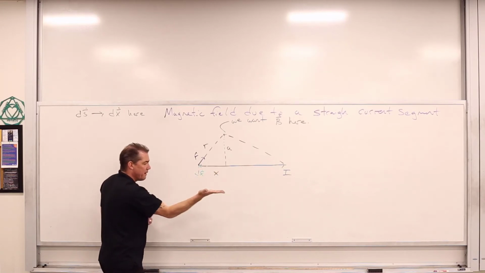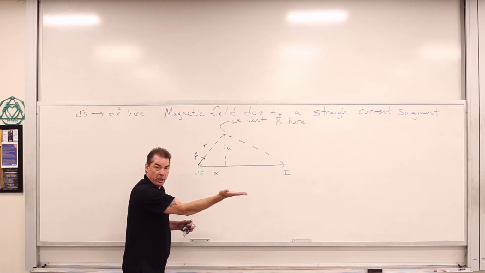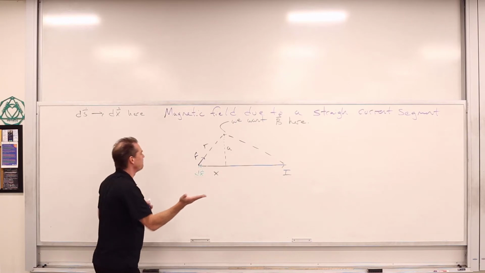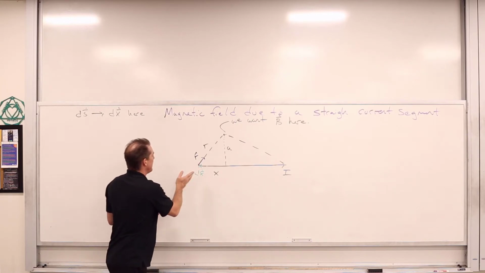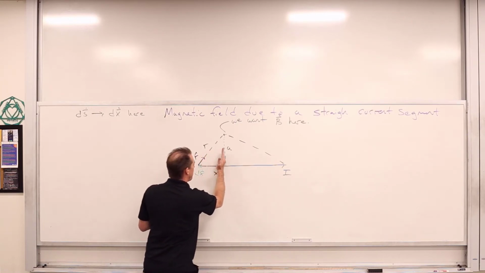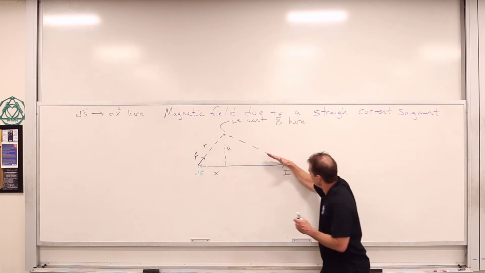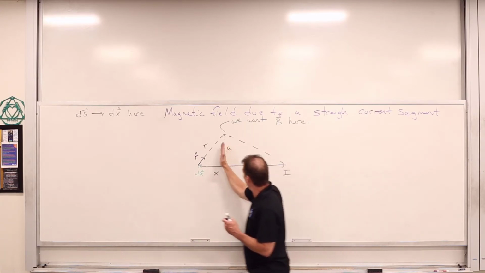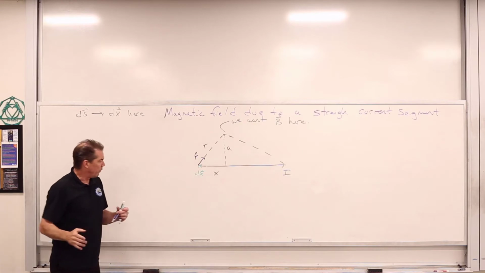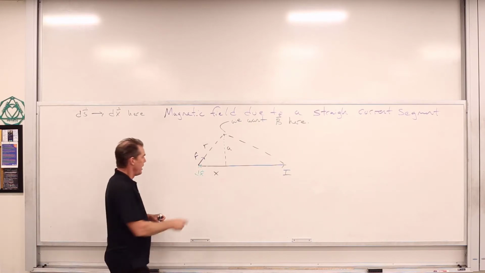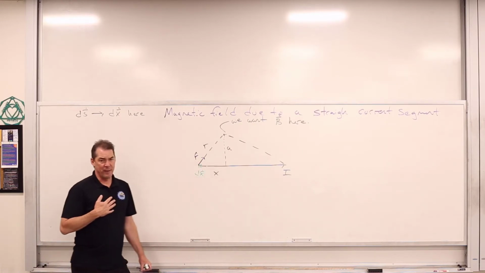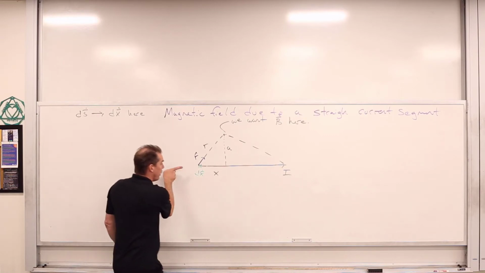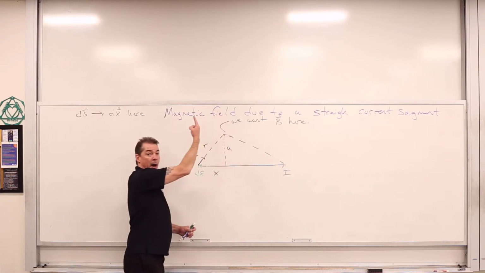So no matter what, that's going to be the direction of our ds, or dx hat. R hat is going to vary as we sweep over here, pointing like this, always pointing to that location in space. But we're really only interested in the perpendicular component of this unit vector here. And the perpendicular component with respect to that way is up.